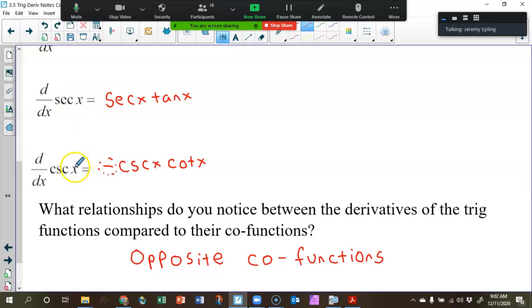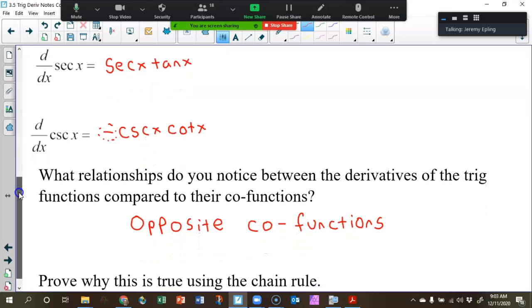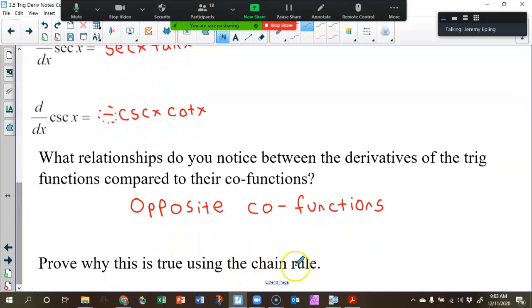Secant and cosecant are co-functions, and the derivative of cosecant is the negative of the cofunction. The cofunction with secant is cosecant. The cofunction with tangent is cotangent. Now, it'll probably be Tuesday, but Monday and Tuesday, we're going to talk about the chain rule, and we're going to come back and prove why this opposite cofunction relationship happens with our trig functions.